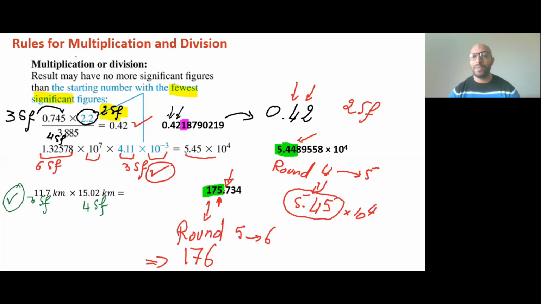So the decimal point and the remaining digits, we just erase, and our answer is 176. Is that all? No, it's not all. We have the unit here. For the unit, we have to do the same operation as for the numbers. What is our operation here? It's multiplication. So we multiply kilometer by kilometer, and it gives kilometer squared. And this is our result. Thank you so much. See you.